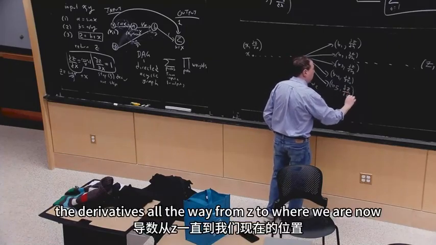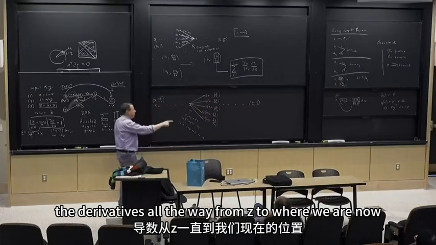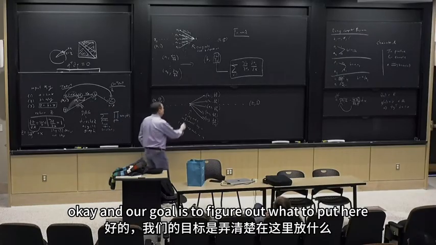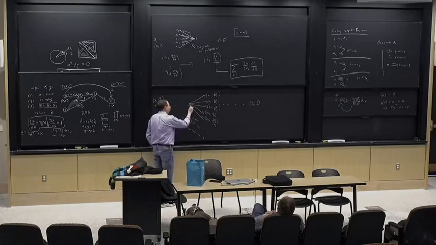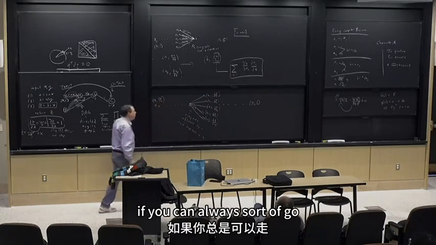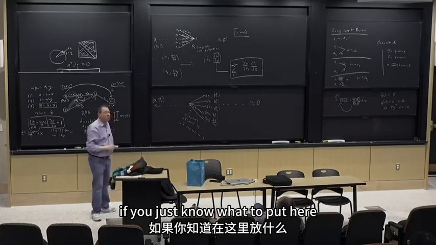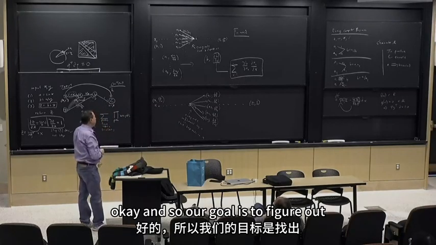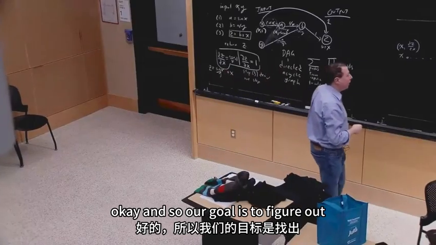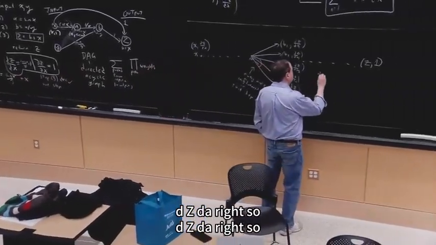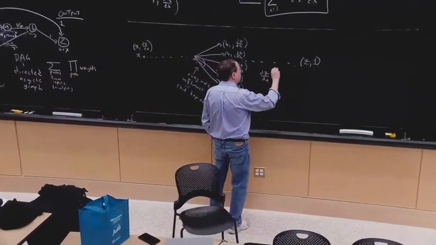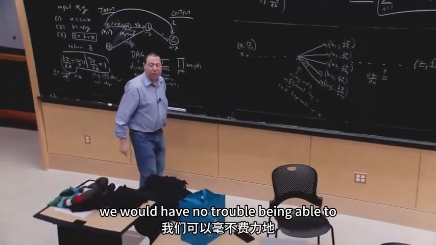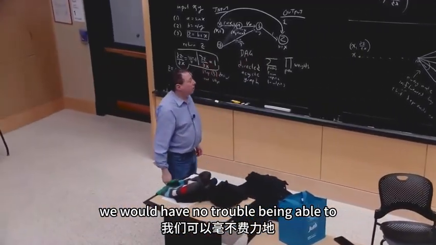We have the derivatives all the way from z to where we are now. Our goal is to figure out what to put here. If you just know what to put here, then you can go from right to left. So our goal is to figure out dz dA. If we could only have a good formula for dz dA in terms of all of these pieces, we would have no trouble doing this.